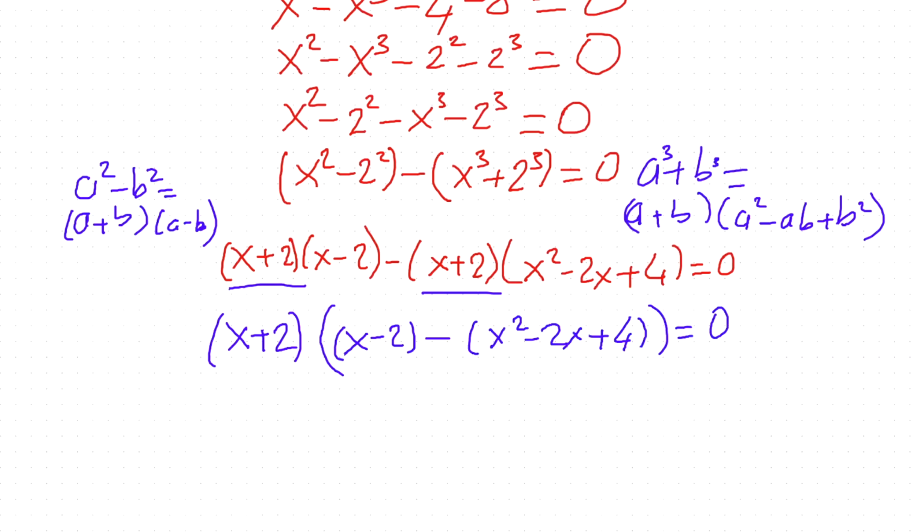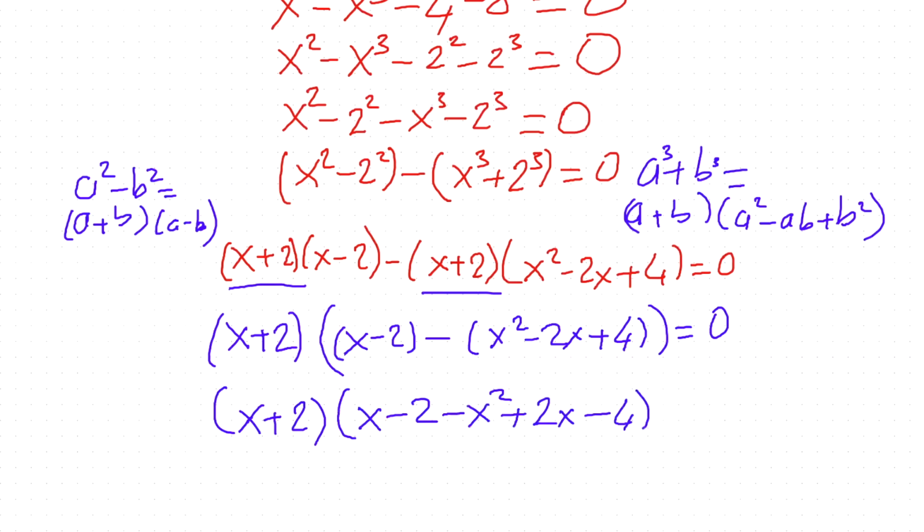So we have x plus 2, and inside the parentheses, if you distribute this negative sign, you will see this is going to be negative x squared plus 2x minus 4, equal to 0.